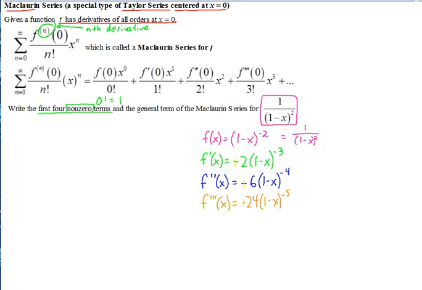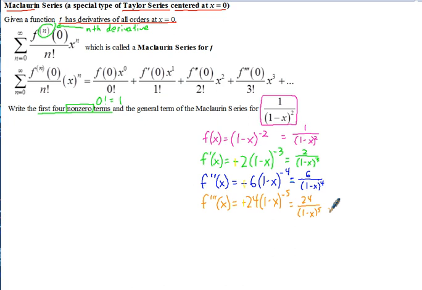The first derivative is the same as 2 over 1 minus x cubed. The second derivative is the same as 6 over 1 minus x to the 4th. And the third derivative is the same as 24 over 1 minus x to the 5th.